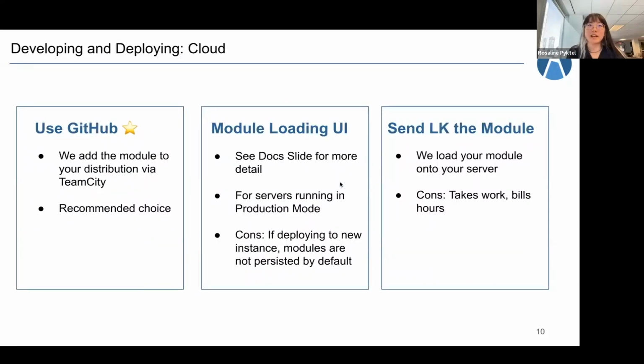Several of our clients use this method. A notable drawback, however, is that if you deploy a new instance, the modules do not persist. Only the file repository and the database are copied to the new instance. Since the modules are local to the original instance, they don't by default get carried over.